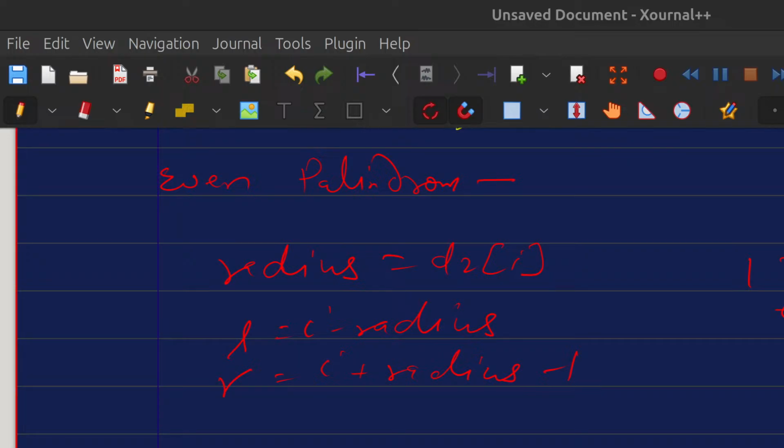Okay, till then we k plus plus, and after that d1 of i is equal to k. Okay, if i plus k minus 1 is greater than R here, then L is equal to i minus k plus 1 and R is equal to i plus k minus 1 right here. Okay.